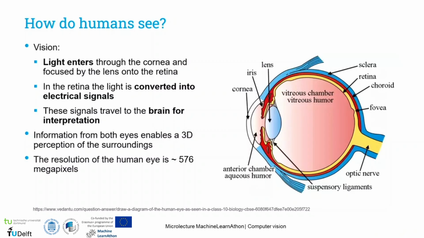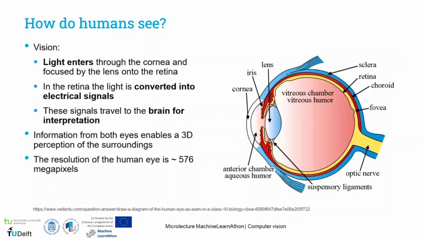And if you think a bit more technical about human vision, we have two eyes. In that sense, it allows us to have a perception for depth in the room, for example, here, right? And we have a relatively high resolution.